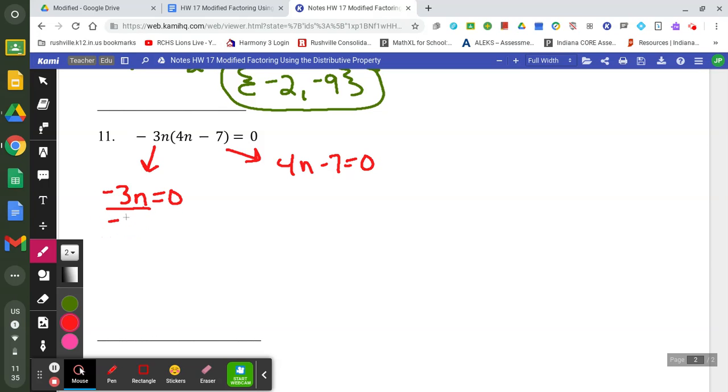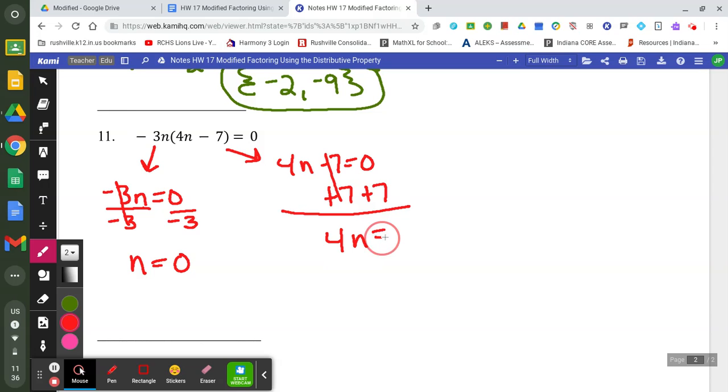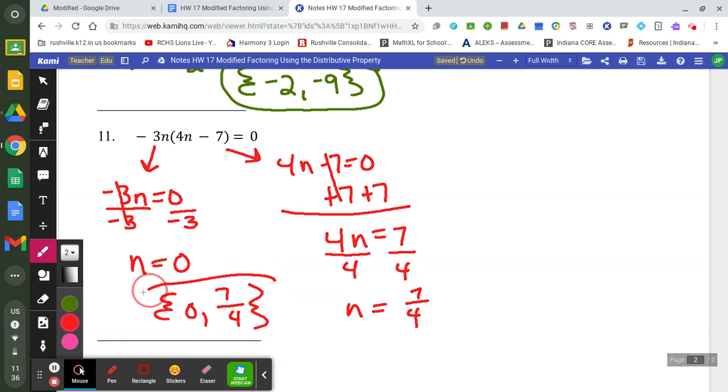Solve each of these for n. And sometimes we'll get 0 for a solution. Sometimes we'll get a fraction. As long as the fraction is reduced, then a fraction is okay for an answer.